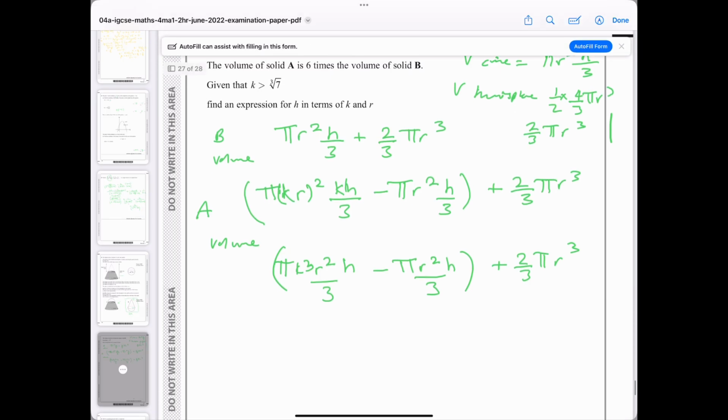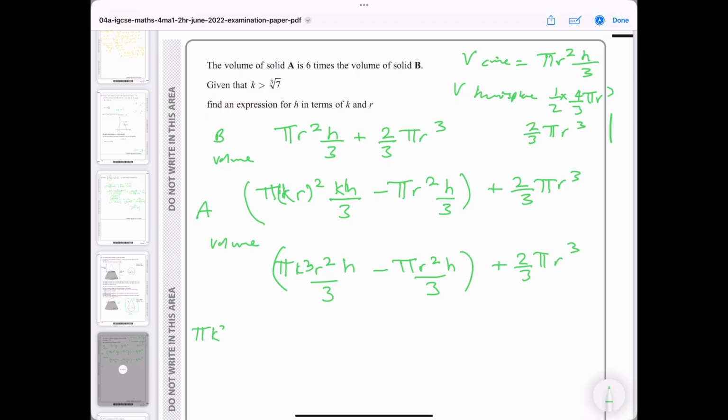So we now know that A is 6 times the volume of B. So we can do pi k cubed r squared h over 3 minus pi r squared h over 3 plus 2/3 pi r cubed equals 6 times pi r squared h over 3 plus 2/3 pi r cubed.